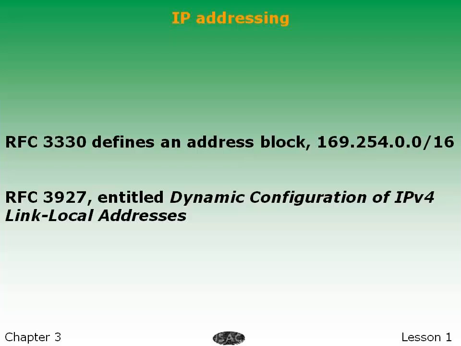Due to Microsoft's market power, this mechanism has been deployed on millions of machines and has thus become a de facto standard of the industry. Many years later, the IETF defined a formal standard for this functionality, RFC 3927, entitled Dynamic Configuration of IPv4 Link-Local Addresses.